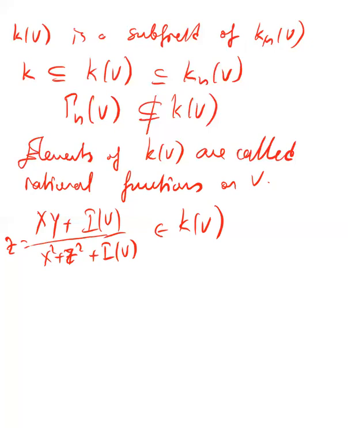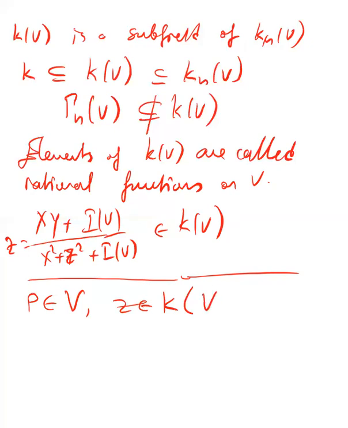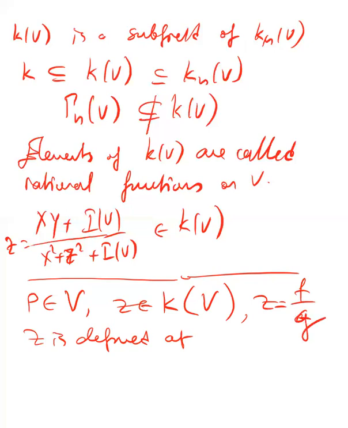Next, let's see, if P is in V and z is a rational function on V, then z is defined at P. Let's say z is equal to f over g, small g, defined at P if this g of P is not 0.